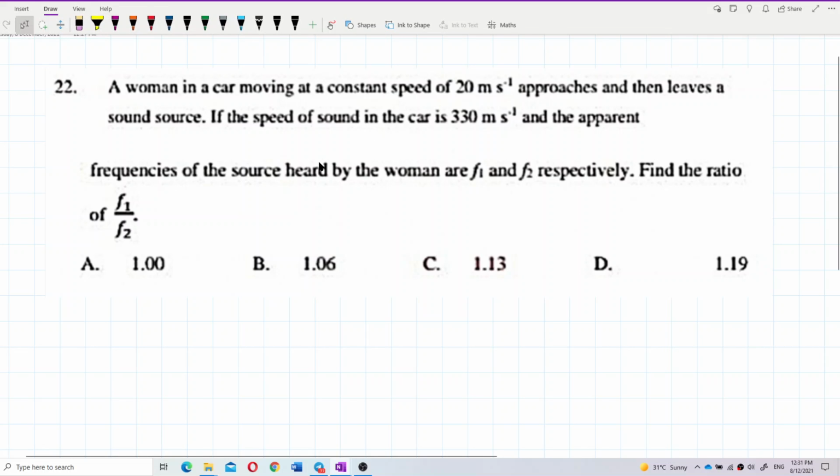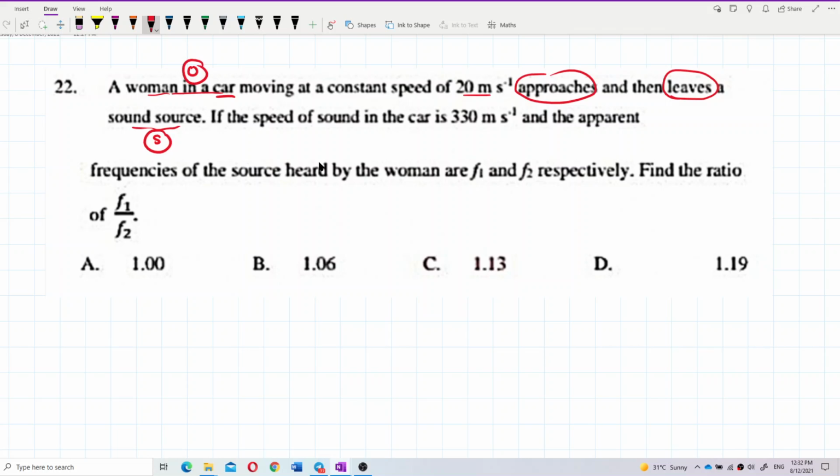We have the woman in a car. The car moving at a constant speed of 20 approaches and leaves a sound source. So this is the source, and the woman in the car is the observer. Understand?